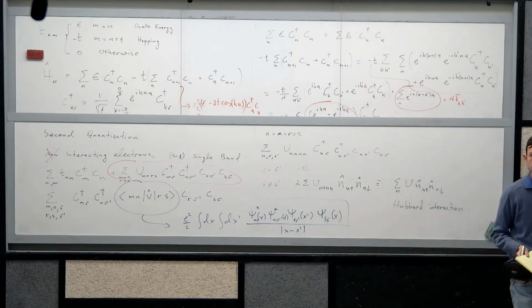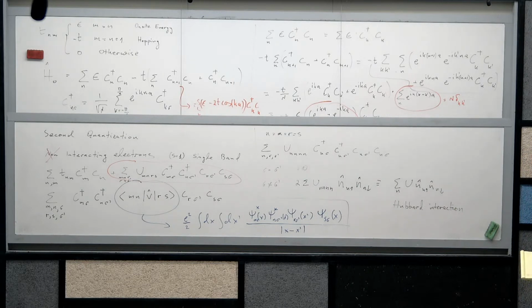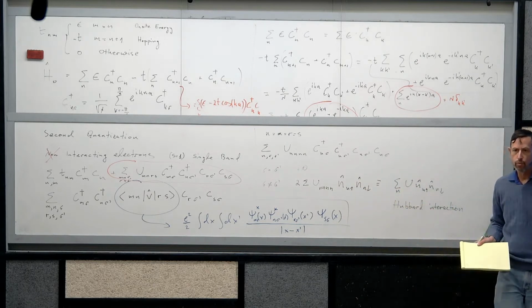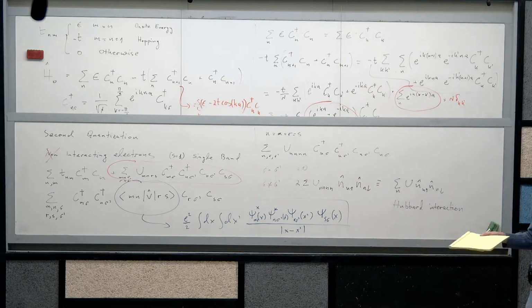This is known as Hubbard interaction. Defined as, instead of writing down 2 times u n n n n, we're just writing 1 u. Why is there 2? Because one could be sigma up and the other down, and vice versa.